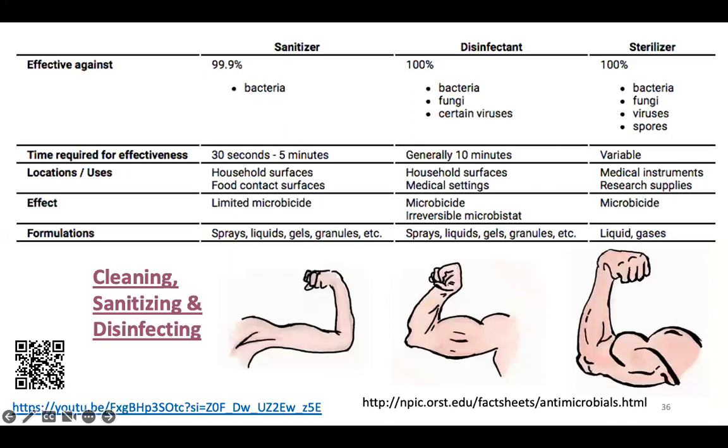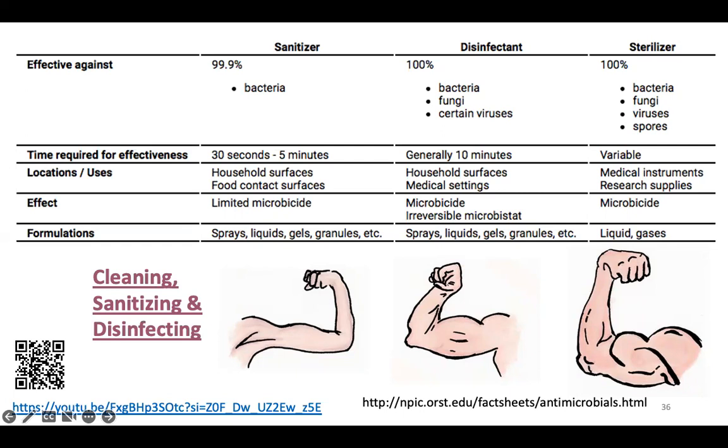So what are the differences between sanitizers, disinfectants, and sterilizers? As you can see in this table, sanitizers kill 99.9% of bacteria, disinfectants kill 100% of bacteria, fungi, and certain viruses, and sterilizers kill 100% of bacteria, fungi, viruses, and spores. Here you have to make sure you notice the time required for effectiveness.